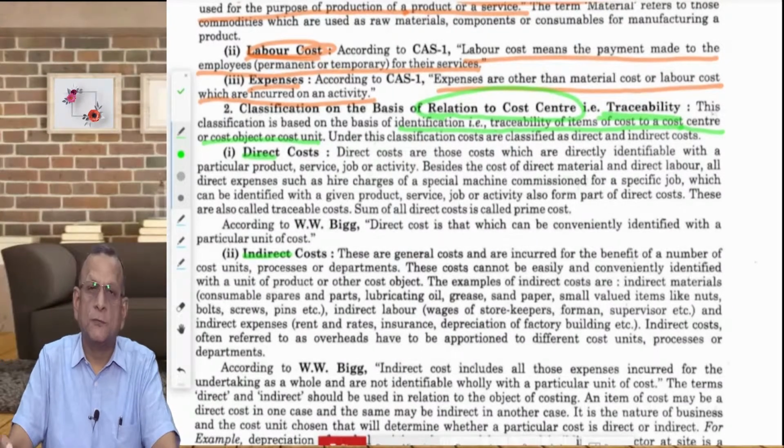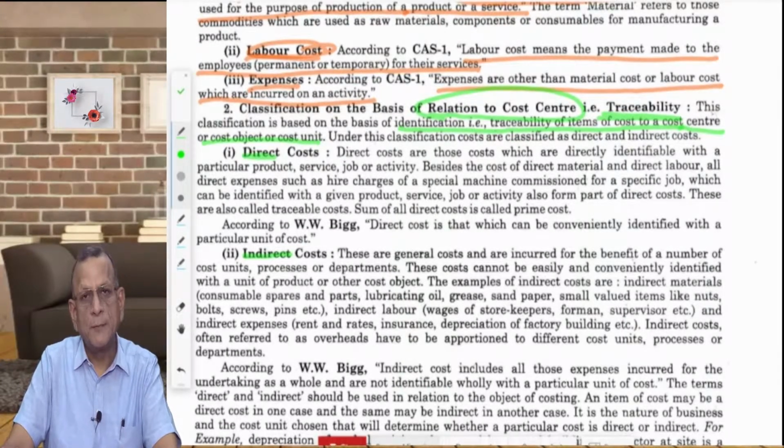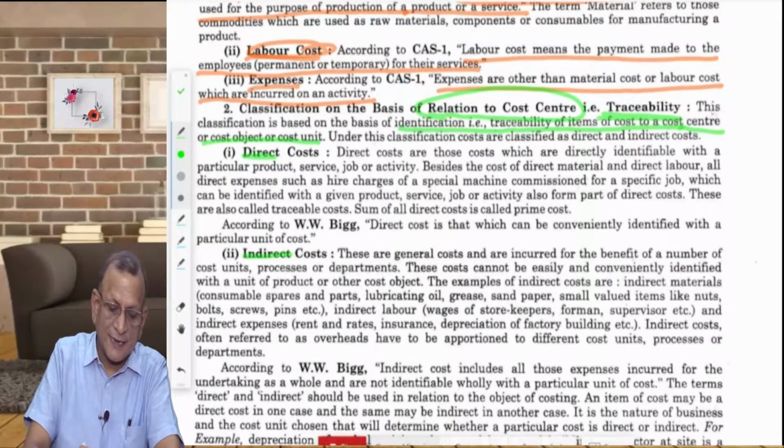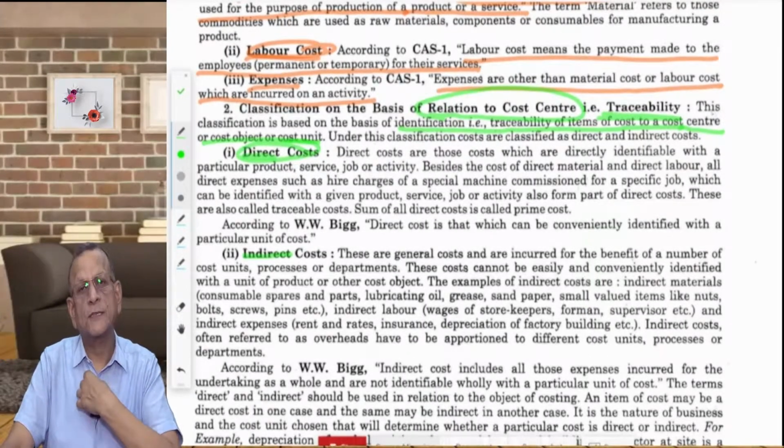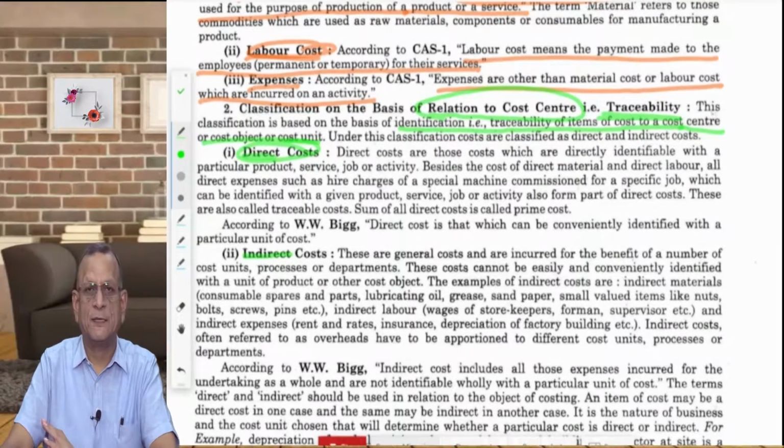One department is working in any factory. That department will consume a lot of material, and a lot of persons will work in that department directly, which will be treated as direct cost. I am assuming that for production of this shirt, we have one finishing department.